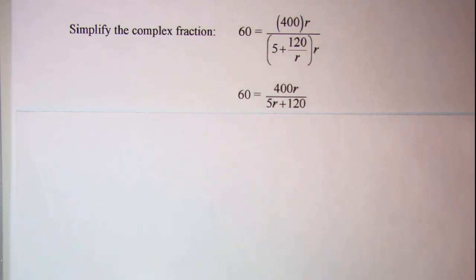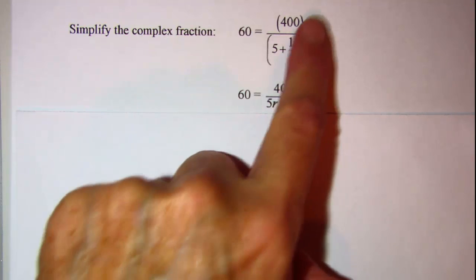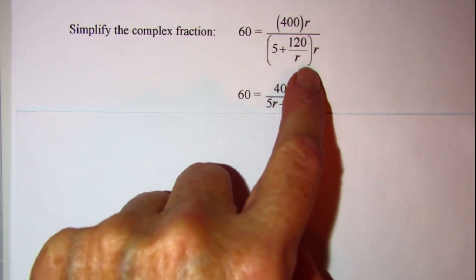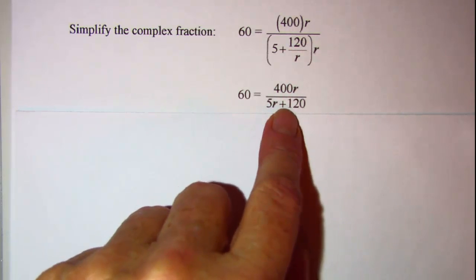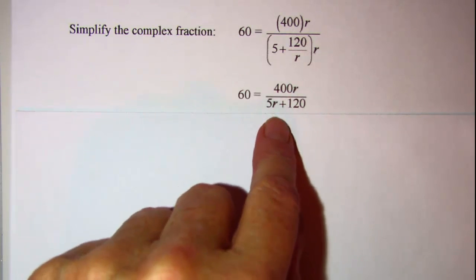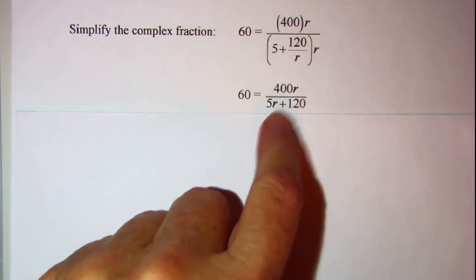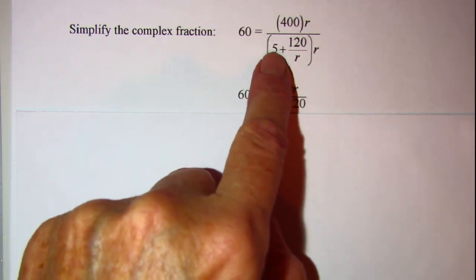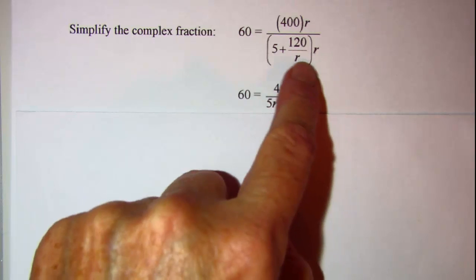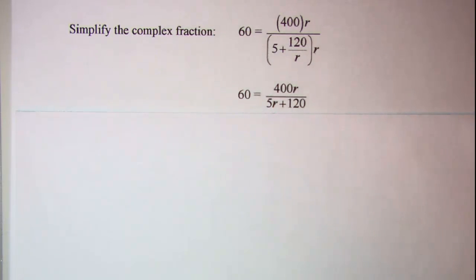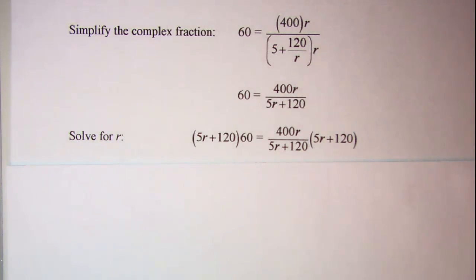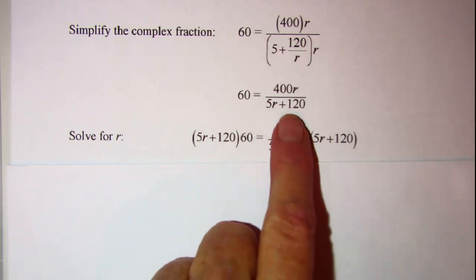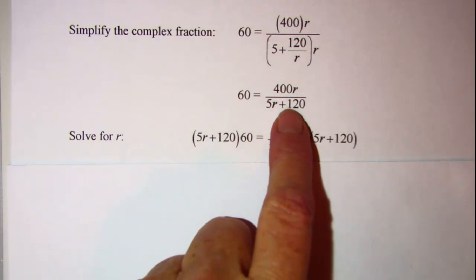Now we can simplify this complex fraction by multiplying top and bottom here by r, and we get 400r over 5r plus 120. We distributed the r through this binomial, so 5r, and then the r's cancel on the second term. Multiply both sides by the denominator to get rid of our fraction.